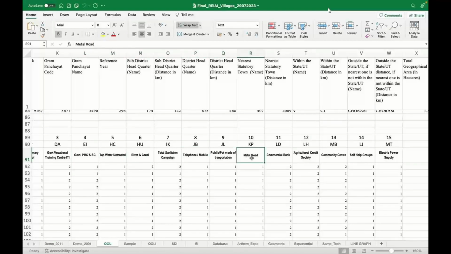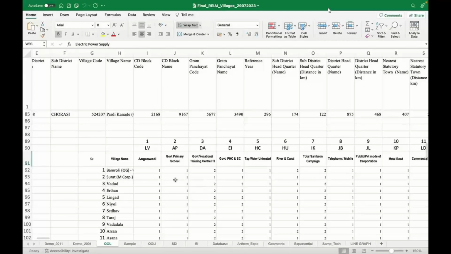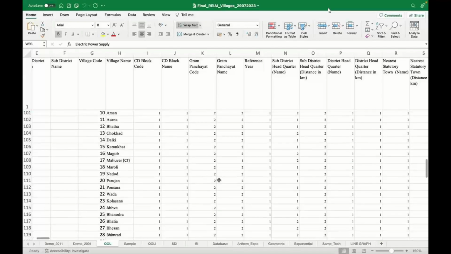Whatever I have selected has some significance in impact assessment, in calculating the quality of life index of your project area. So in making such a database, what is 1 and 2? 1 is present, 2 is absent, right?